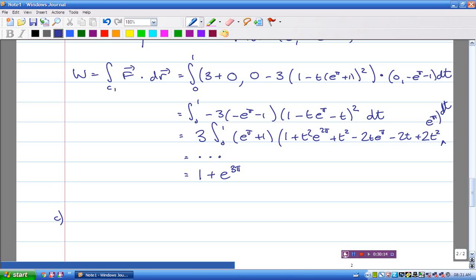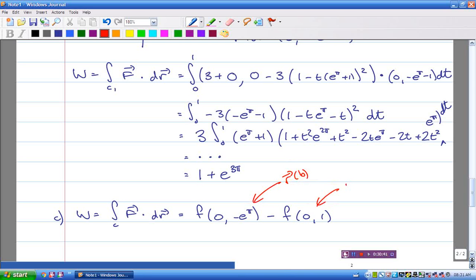But part C, that's where the angels come out and sing, because we can say that is just equal to our potential function evaluated at our endpoint minus our potential function evaluated at our beginning point.